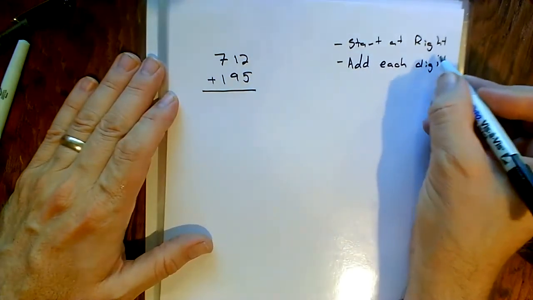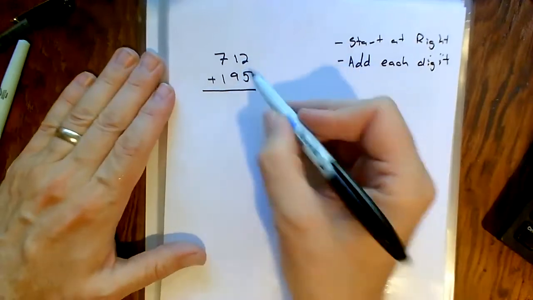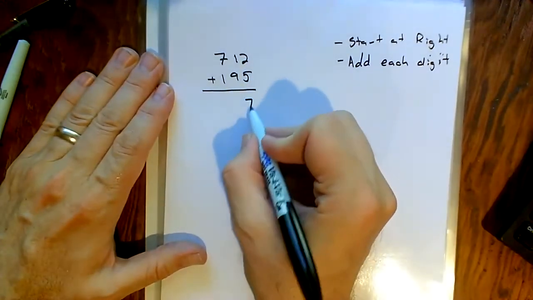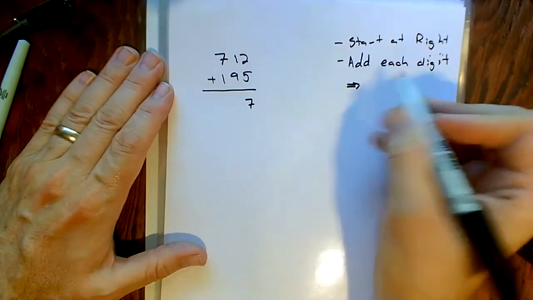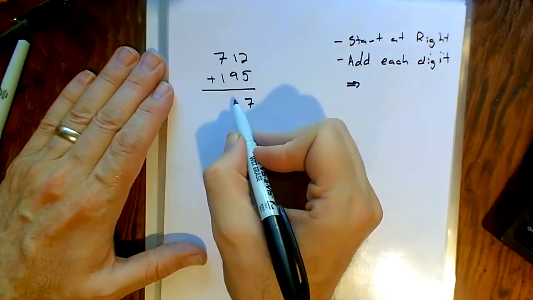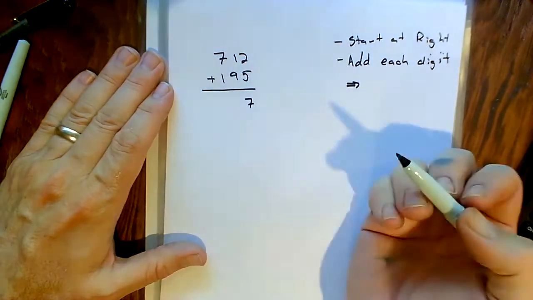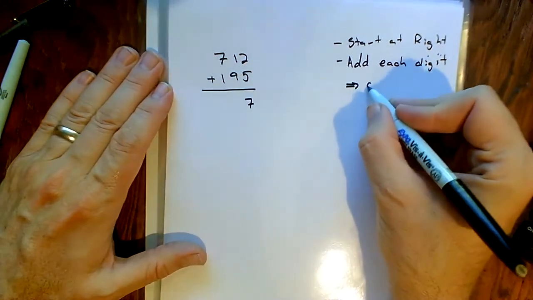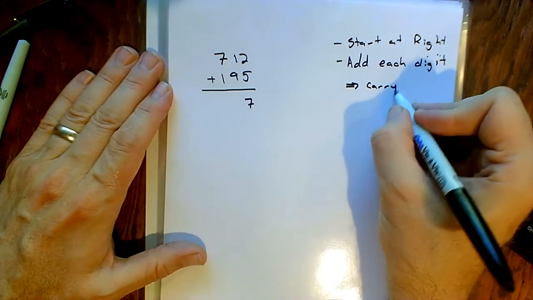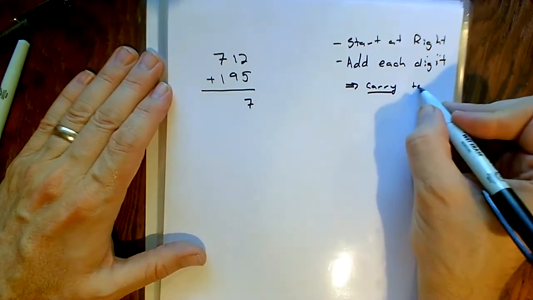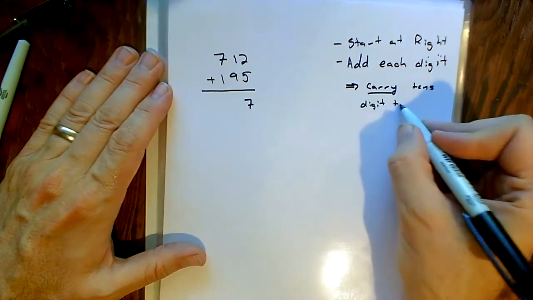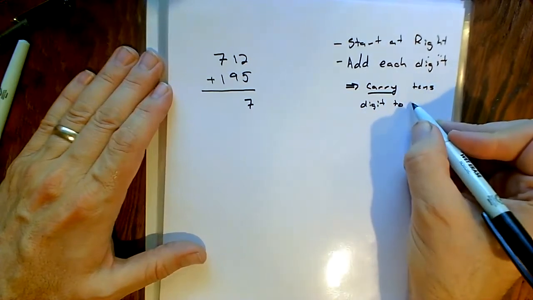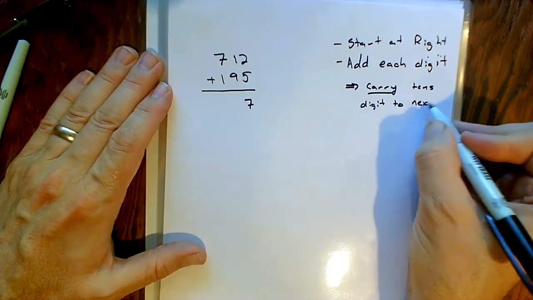The funny thing here is, 2 plus 5, that's 7. However, sometimes your result isn't going to fit in the given space. 1 plus 9 is 10. So you might need to carry your tens digit to the next column left.